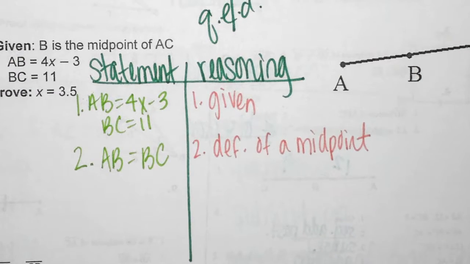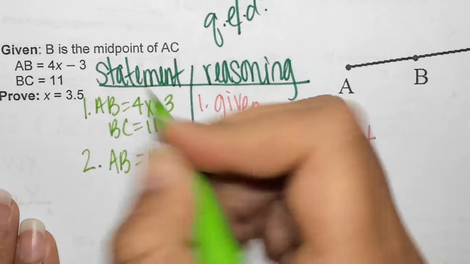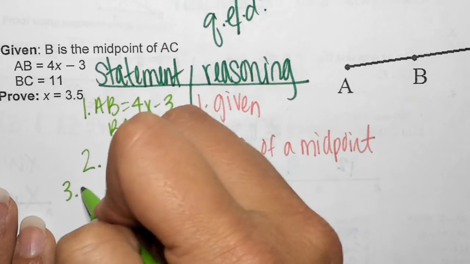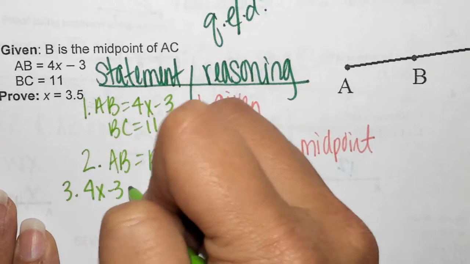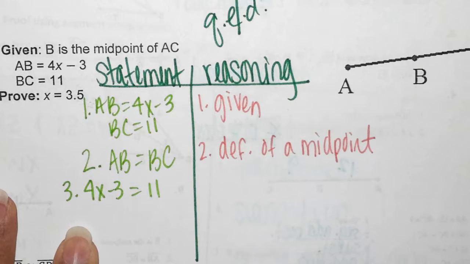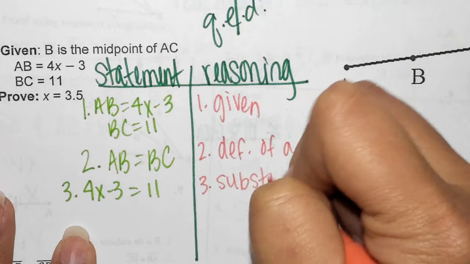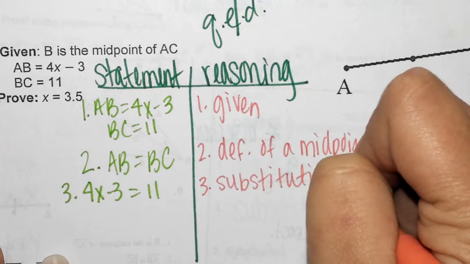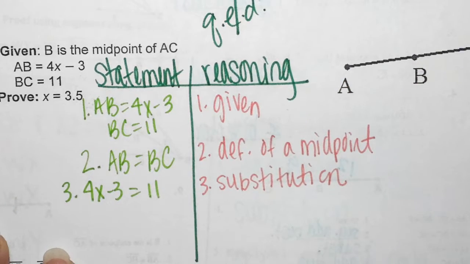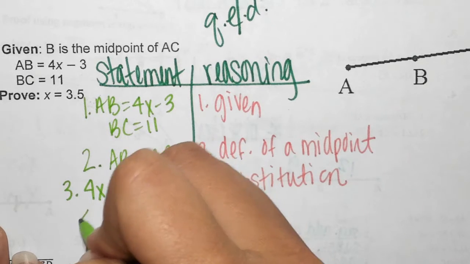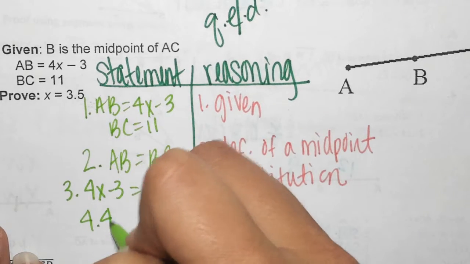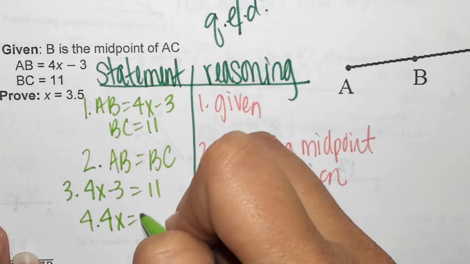Okay, now do we know what AB and BC are? Yeah. So what would we do? Substitute. 4x minus 3 equals 11. And that's substitution. And what would we do next? You would add 3, so you get 4x equals 14.